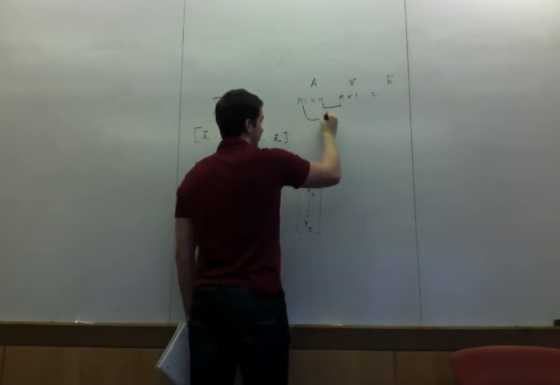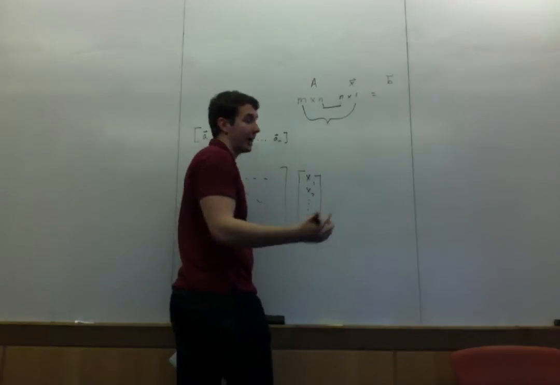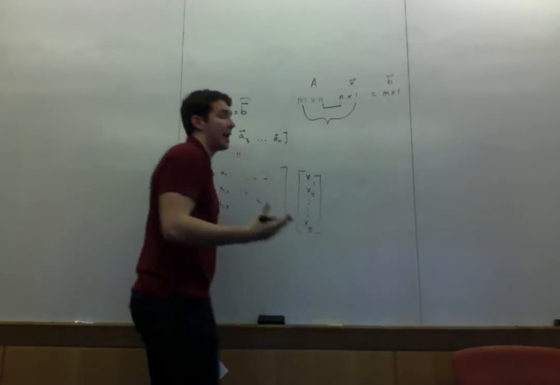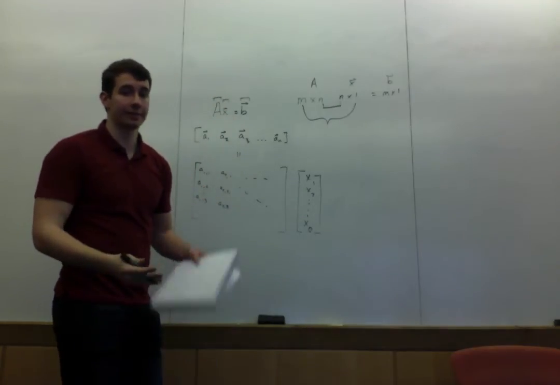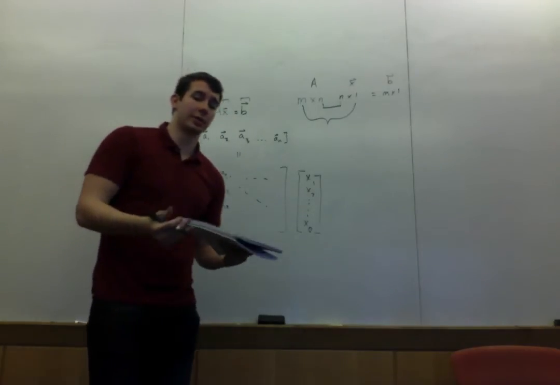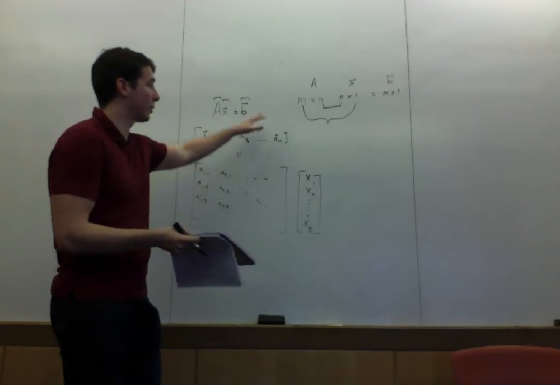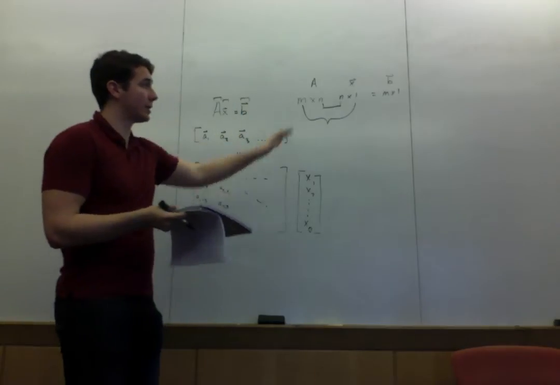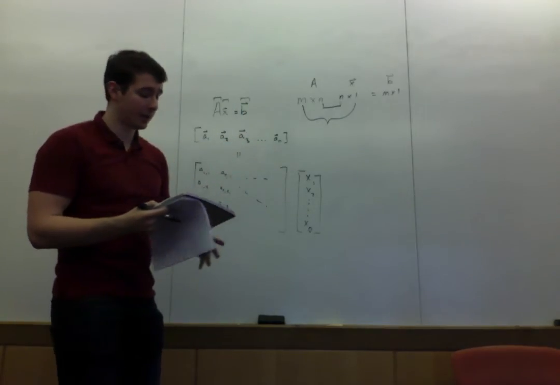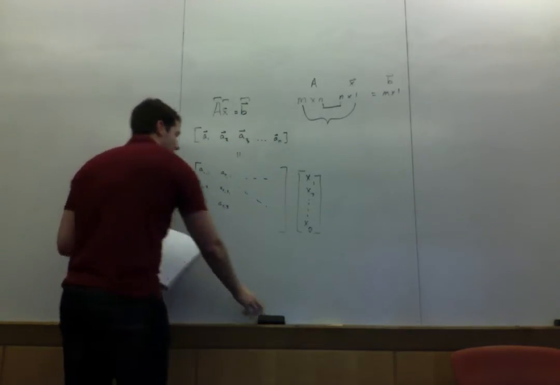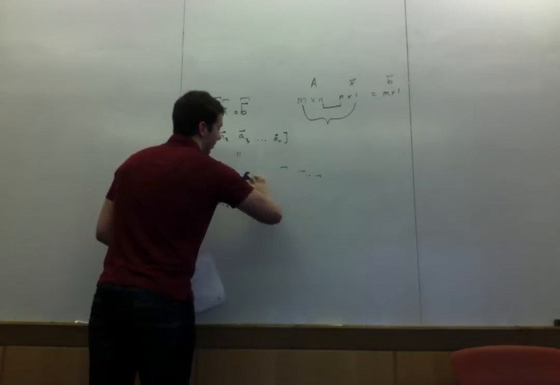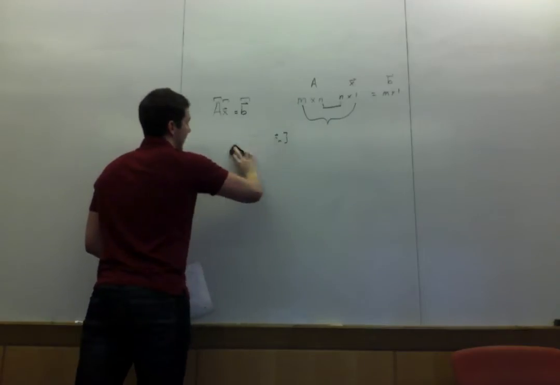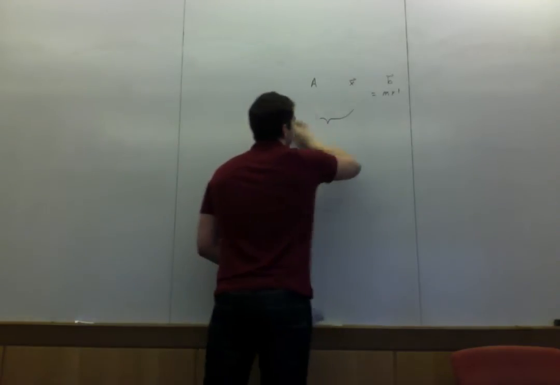And our outer dimensions give us the dimensions of our answer. So we see that b is going to be an m by 1 column vector. So not even knowing too much about the matrix equation, just using simple properties of vector and matrix multiplication, we can start to discern some information about how this whole thing is going to look. That's obviously the general case, but this is, of course, applied math, so let's see if we can't do a concrete example.